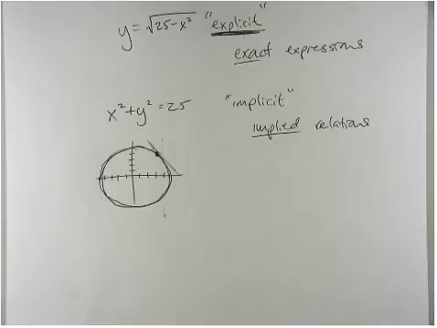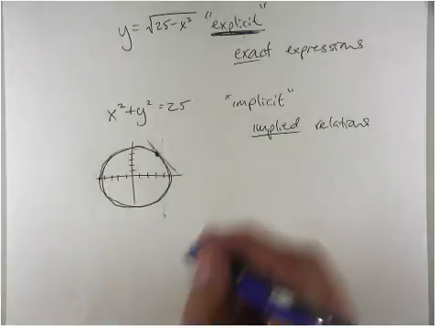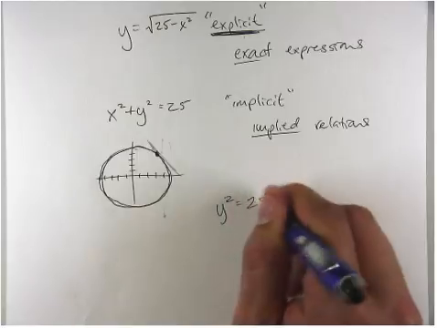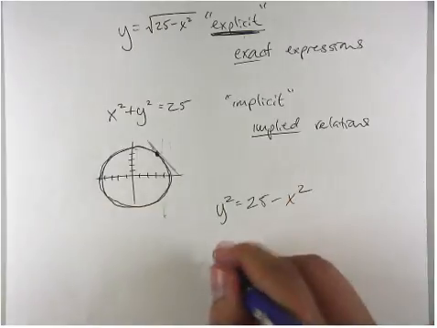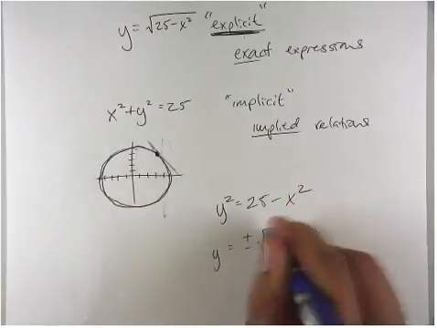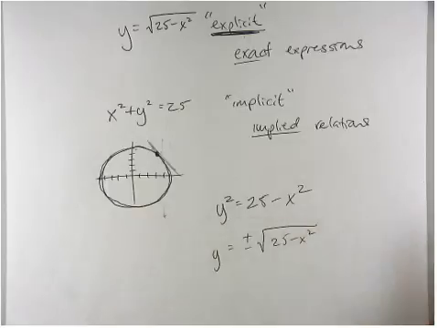So if I wanted to differentiate a function that looked kind of like this, what would I do? Well, one thing that I could do is just try to turn it into an explicit function. So I could try to solve for y. Y squared equals 25 minus x squared. So y is plus or minus the square root of 25 minus x squared.